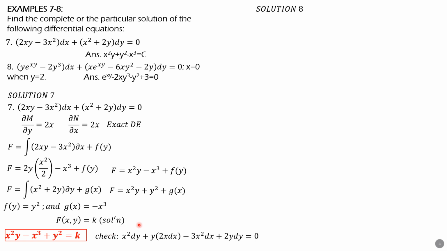Then for problem 8, we have given boundary condition, so we find the particular solution.